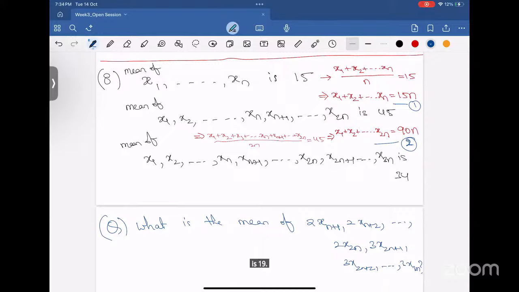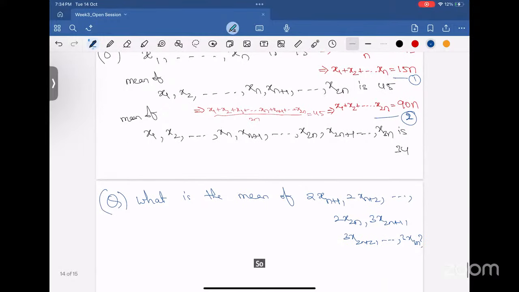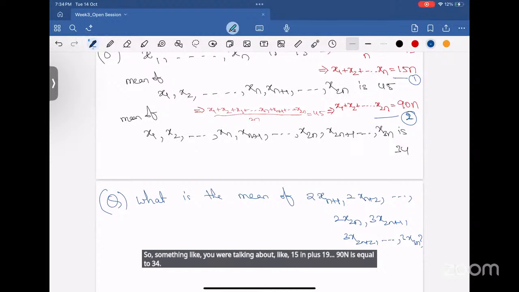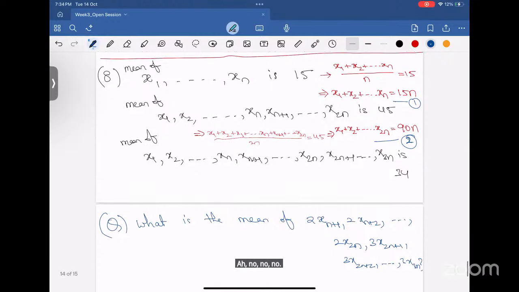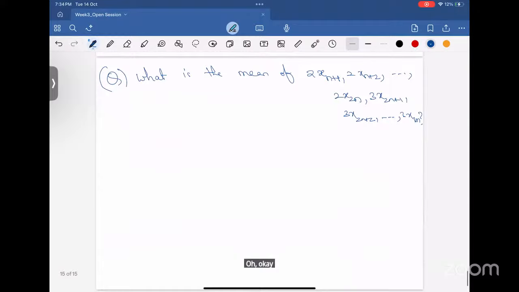Can I compute the sum from xn plus 1 to x2n from these two? I will write it here.